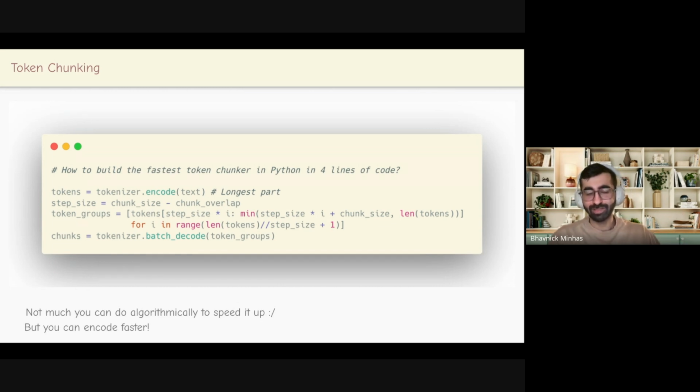And if you notice, it's really, really hard to get anything faster than this unless you encode it faster. And that's the idea I had a couple of months ago: if only encoding is the slowest part, then if I need to get faster than what is out there already, I need to make a tokenizer that's faster.